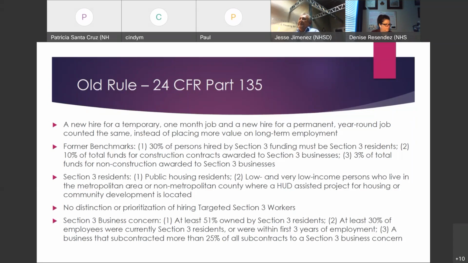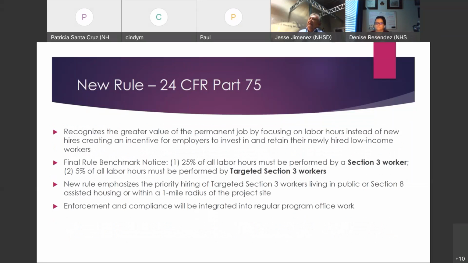And a Section 3 concern had to be 51% owned by Section 3 residents, at least 30% of the employees were currently Section 3 residents or within the first 3 years of employment, or a business that contracted more than 25% of all subcontracts to a Section 3 business concern. So those were the prior guidelines.